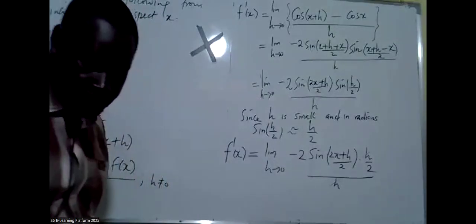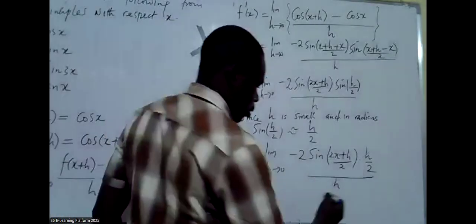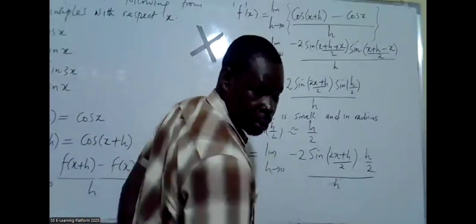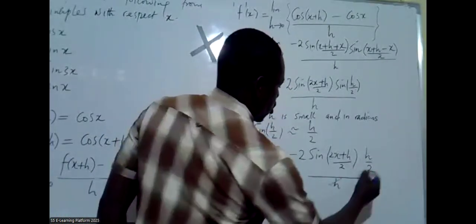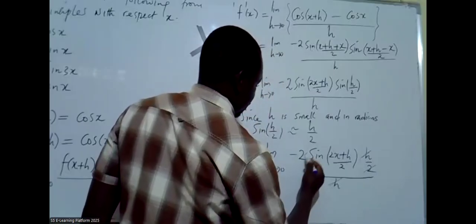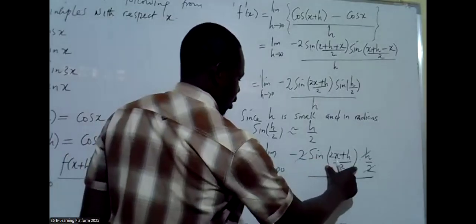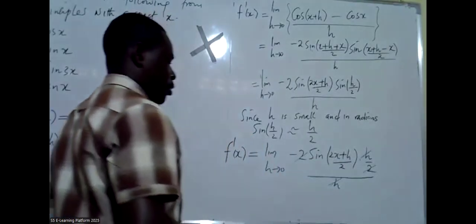That ink is not visible, so try blue. Can you see that one? With that one, the ones cancel out. Then I have a 2 with that 2. Therefore, the only result remaining is this one here, sine of 2x plus h over 2.